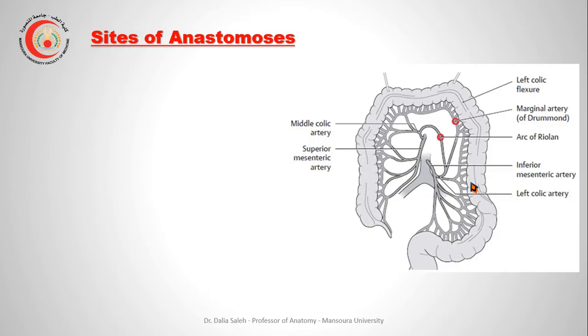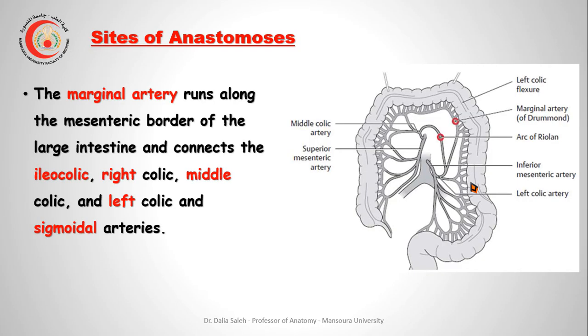To understand this, we need to know an important artery called the marginal artery, which runs along the mesenteric border of the large intestine. It is the connection between all the colic arteries: the ileocolic, the right colic, and the middle colic from the superior mesenteric, and also the left colic and the sigmoidal arteries from the inferior mesenteric.